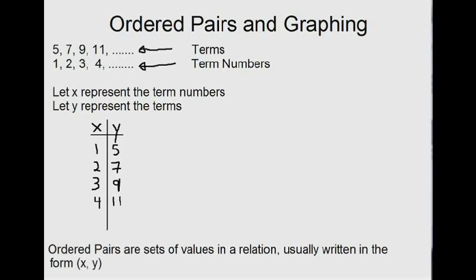Well, when we're talking about ordered pairs, they are sets of values in a relation usually written in the form (x, y). So what does that mean? Well, if we take a look up at our table of values, our first x value there is 1.